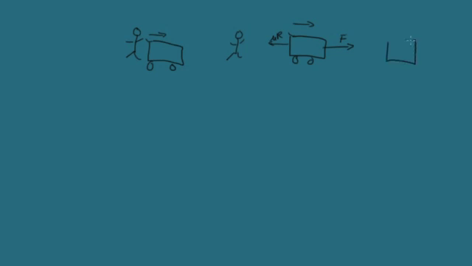So after some time, our trolley is now sitting here and the only forces on it are its weight and the normal contact force. Better put these on it because they're still on it even whilst it's moving. So we've got this situation, and then it just comes to a stop.